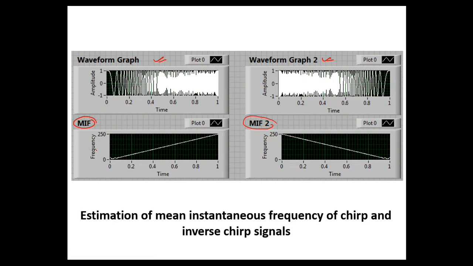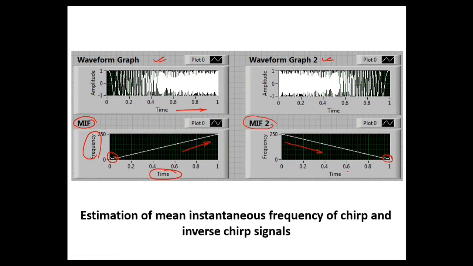When I plot this mean instantaneous frequency, where we have time and the frequency, you see as the time is progressing, we are getting an increase in the frequency component in the MIF plot. In the second case, the frequency is decreasing. Over here also, there are some distortions at the low frequency levels.